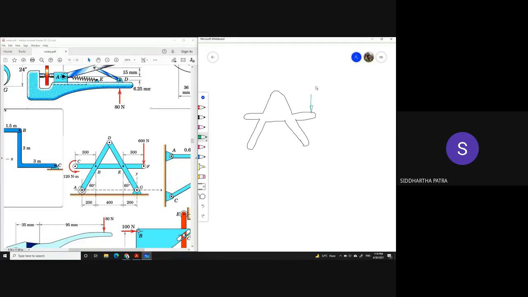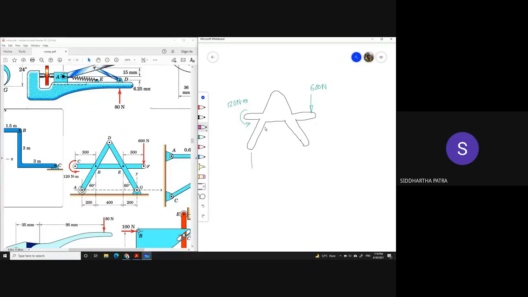So there is this 600 Newton force, and this is a couple moment, so it doesn't matter where I show it. So 120 Newton meter of couple moment. And yes, I should be showing all the dimensions as well, but let's try that.